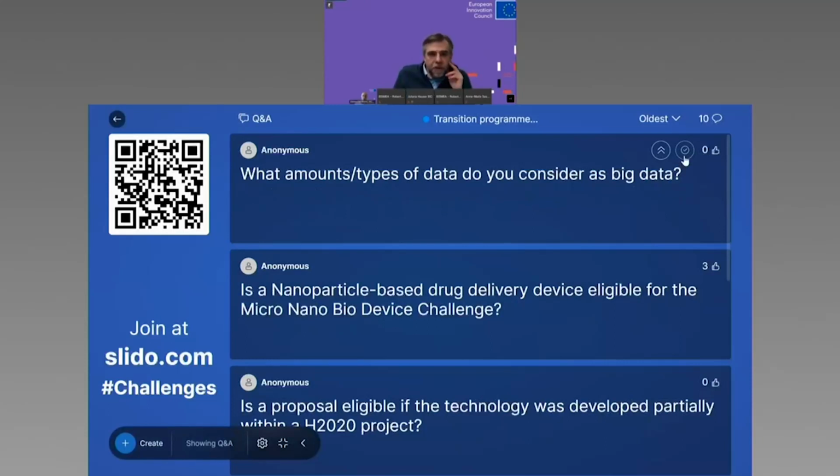What amounts, types of data do you consider as big data? That's a difficult question. It depends on the application. Yeah. I think that in the context of omics, you have a good reference in sequencing, DNA sequencing data, and that sort of volume. But I don't think the size of the data set is really what I meant.